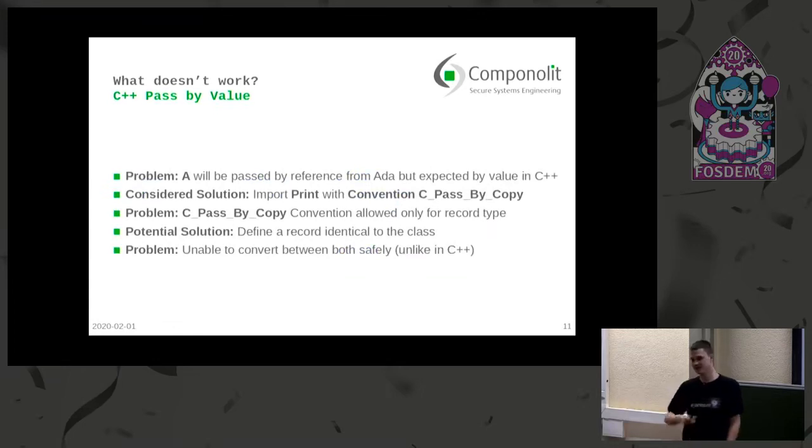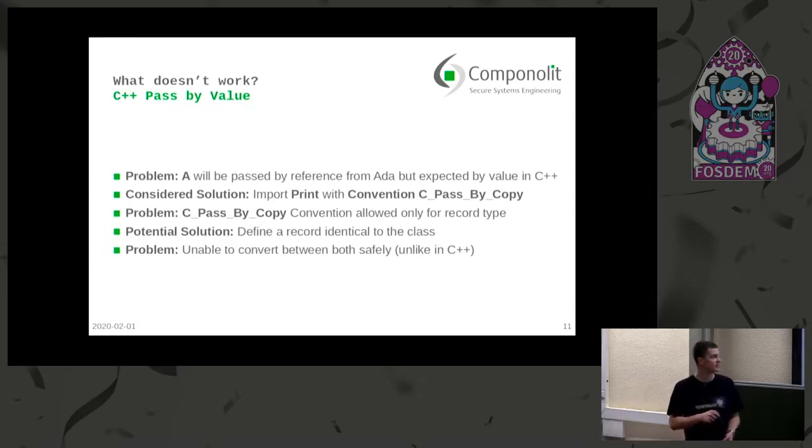So a considered solution would be that we can import print with the convention C pass by copy, which explicitly tells print, okay, whatever goes into there must be passed by copy. The problem is, this is only allowed for the record type, and as soon as we make it limited and give it convention C++, it is no longer a record type but a C++ class type, which can at no point ever be passed by value.